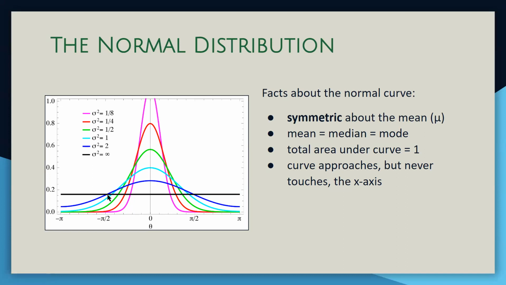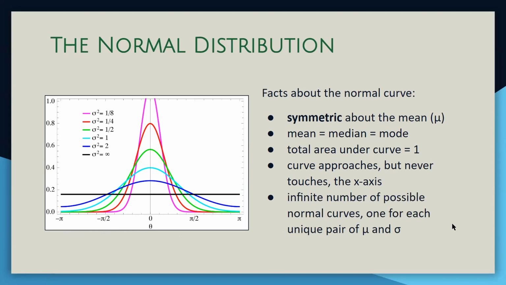And we can see some of those longer ones, the blue and the light blue, flattening out, but they will never touch the x-axis. Using math terms, we would say that the x-axis is an asymptote for the normal distribution.